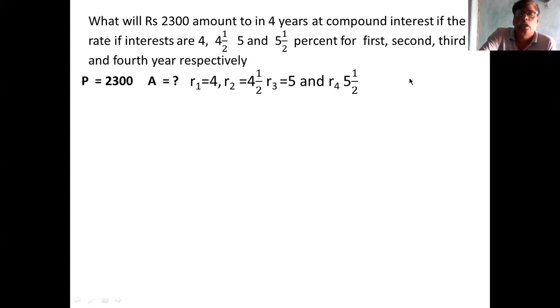Then the N values: N1 is 1, N2 is 1, N3 is 1, and N4 is also 1. Then you write the equation.